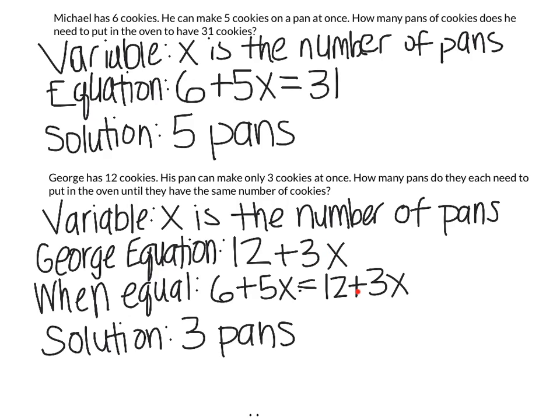I took it out so it's easier to solve. Making them equal, I would have 6 plus 5x equals 12 plus 3x. Then I solve, and you should get 3 pans. After both of the boys put 3 pans in the oven, they'll have the same number of cookies.